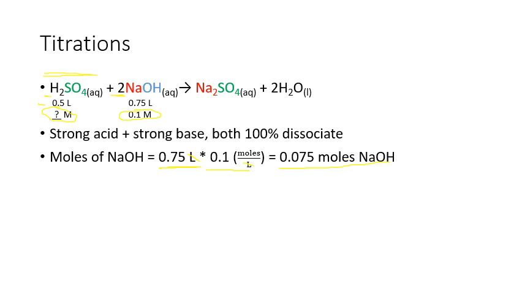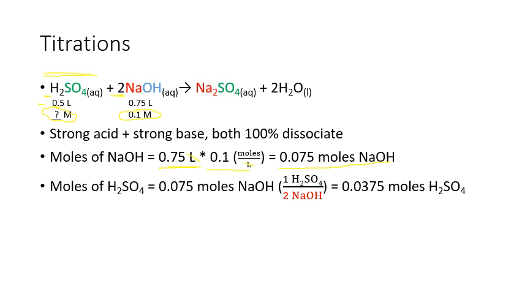But we also know that for every H2SO4 that's present, you actually need 2 NaOHs. So one H2SO4 reacts with 2 NaOHs. So if we want to figure out how many moles of H2SO4 are there, we'll use the moles of NaOH, the 0.075.